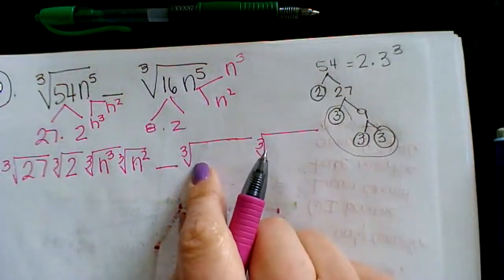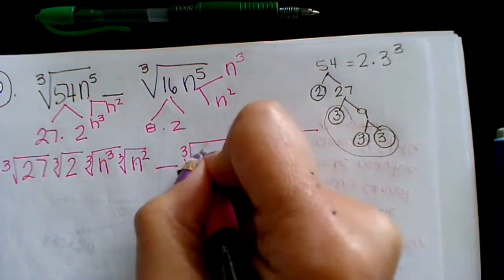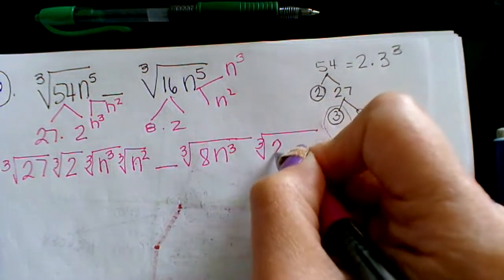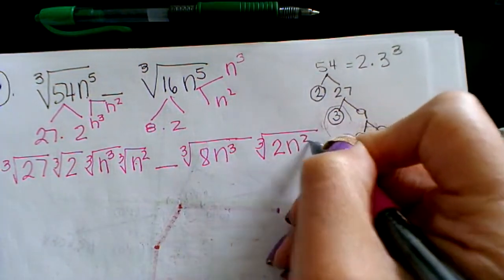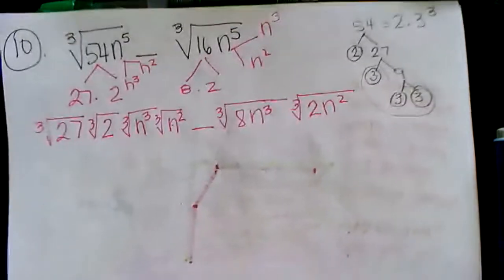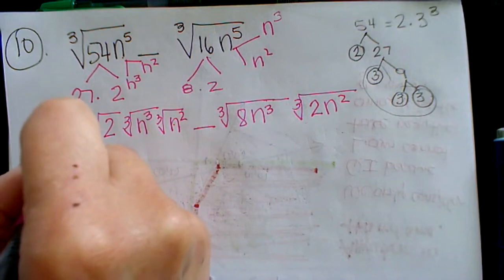So we could write down the ones that have the perfect cubic root, which is going to be the 8 and the 9 to the third power. And the ones that don't have it are the 2 and the n squared. We could do it like that. Okay? So we said this is 3.